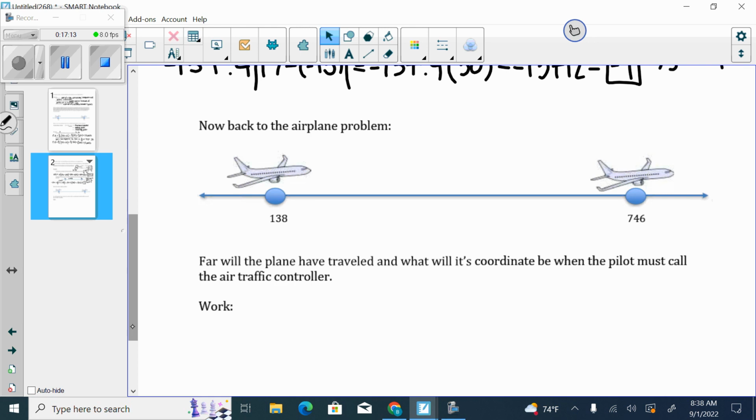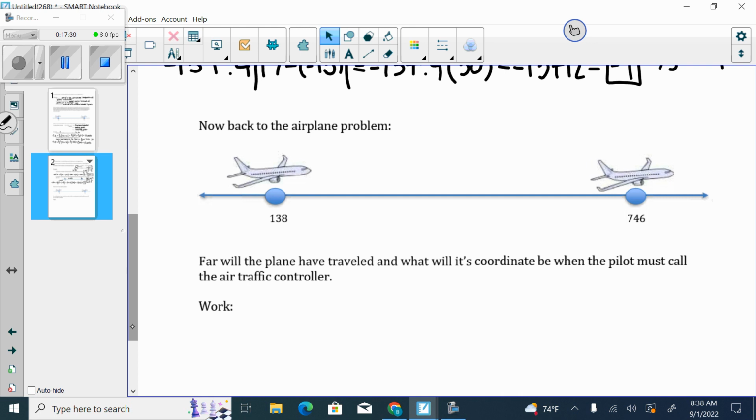It says, how far will the plane have traveled and what will its coordinates be when the pilot must call the air traffic controller? Yeah, the ratio was 3 to 1. So the ratio 3 to 1 is what fraction? 3/4, right? 3 to 1. So the 3 was the first thing mentioned, so that's what's going to go on the top of your fraction.